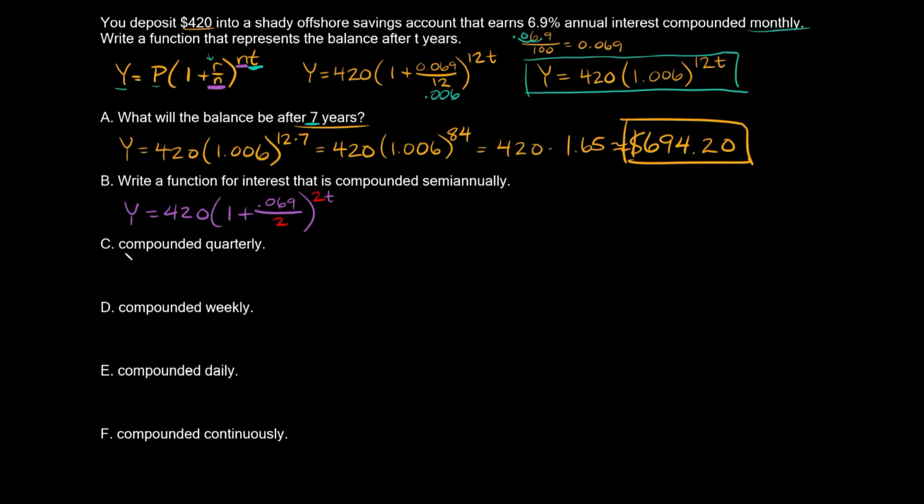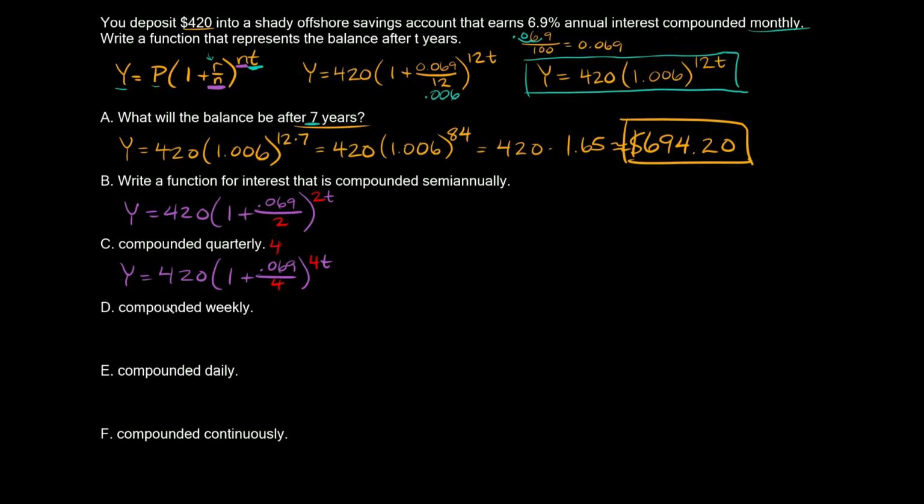The next one says, what if it's compounded quarterly? Quarterly means every 3 months. So how many 3-month periods are there in a single year? There's 4 of them, right? So here, the function would be y is equal to 420 times 1 plus 0.069 over 4, raised to the 4 times t.